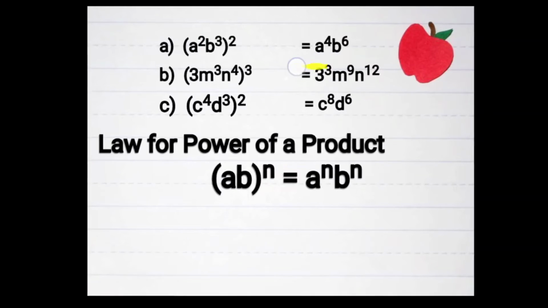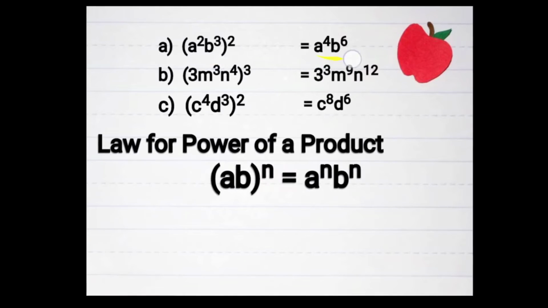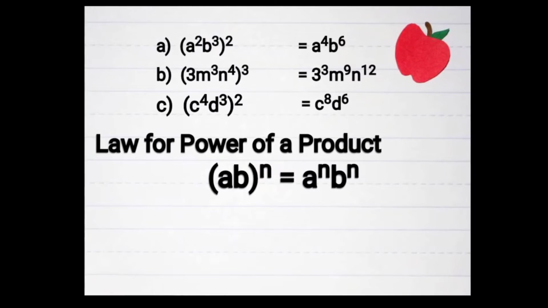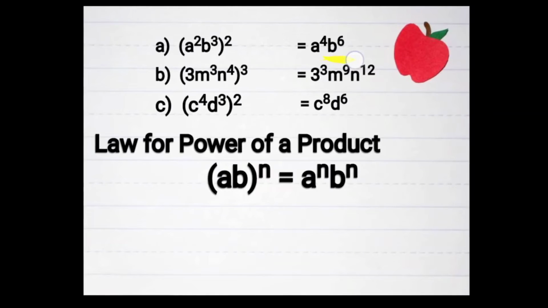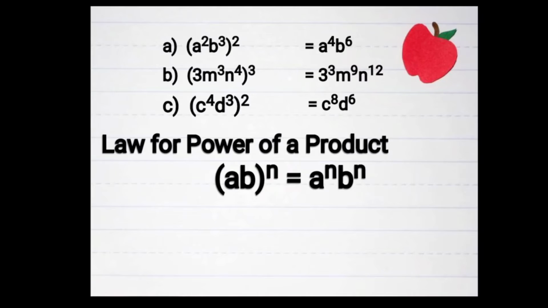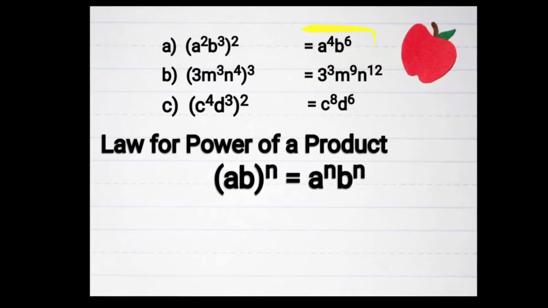Now copy the base b, then multiply 2 times 3. The exponent outside the parentheses times the exponent of b is 6. That's why we have b raised to 6. We cannot simplify a raised to 4 and b raised to 6 because the bases are variables. So this will be our final answer.